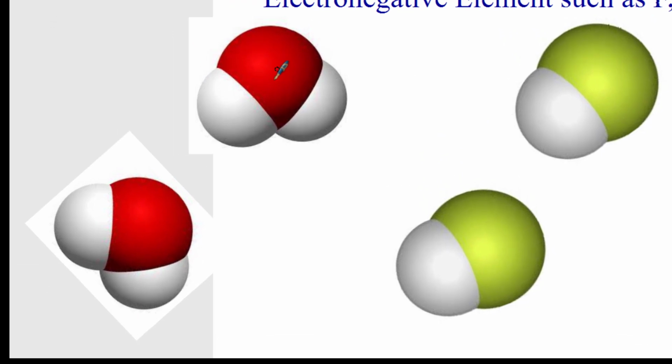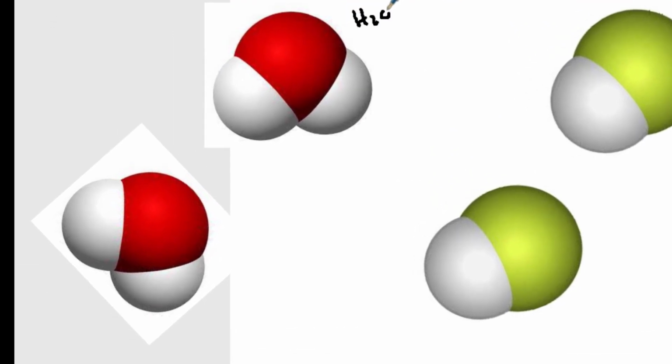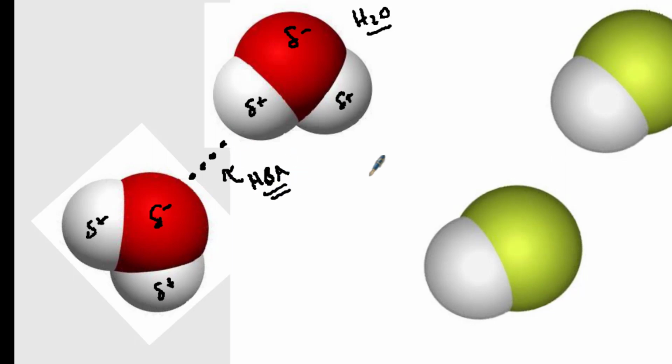You can see water right here is a great example of something that has hydrogen bonding attractions. The oxygen is very negative. The hydrogens are very positive. It's a very highly polar molecule. Therefore, you can see, since another molecule is going to be positive and negative, this forms an attraction which we call a hydrogen bonding attraction.